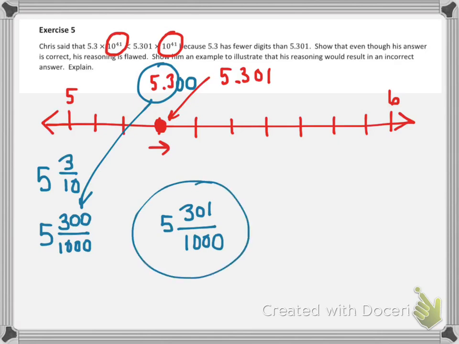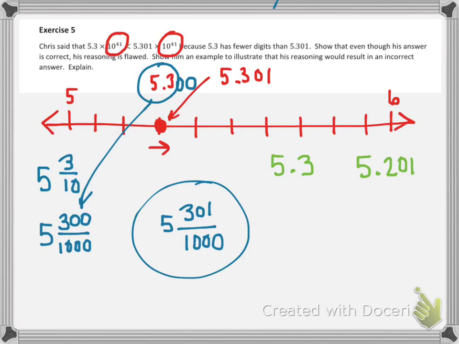Okay, so let's use Chris's reasoning and show him an example where this would not be correct. Well, if I use the same numbers, 5.3, and instead of 5.3, let's use 5.201.